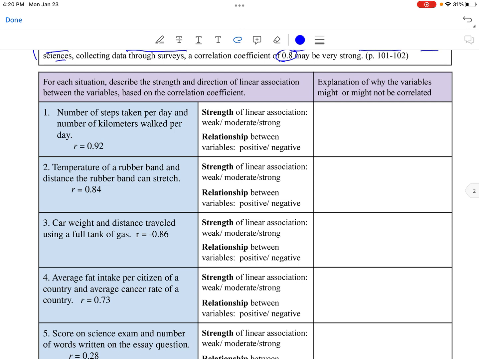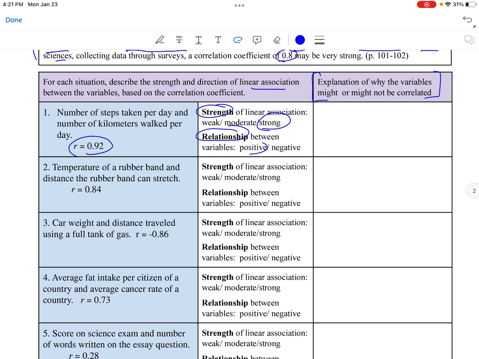For each of these situations, you're going to describe the strength and the relationship of linear association. And then you're going to give an explanation for why the variables might or might not be correlated. So the first one, number of steps taken per day and number of kilometers walked per day. This R is close to 1, so that is going to be a strong association.